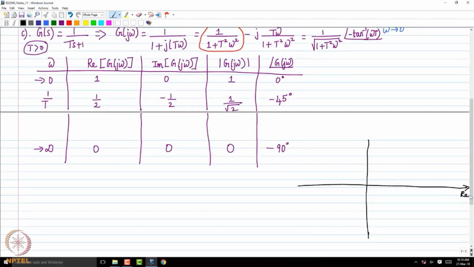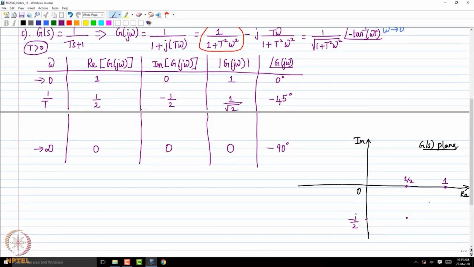I have the real axis and the imaginary axis. This is the G of s plane, and we want to plot the Nyquist plot. If I want to plot the Nyquist plot of this function, I know that there are certain critical points. 1 is one critical point, 1 by 2 is another, because at frequency 1 by capital T, the real part is 1 by 2 and the imaginary part is minus j by 2.